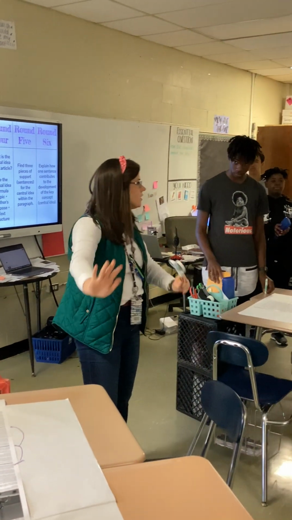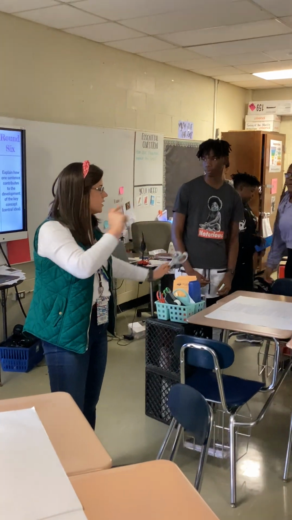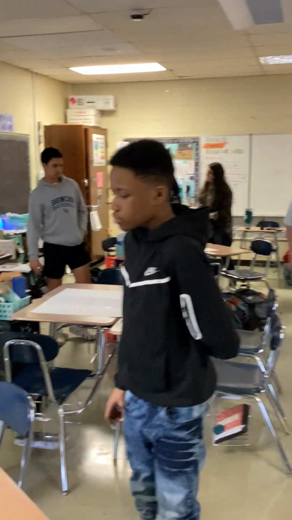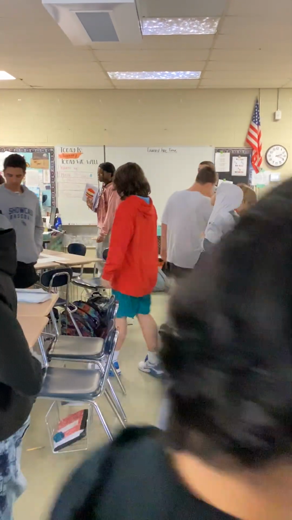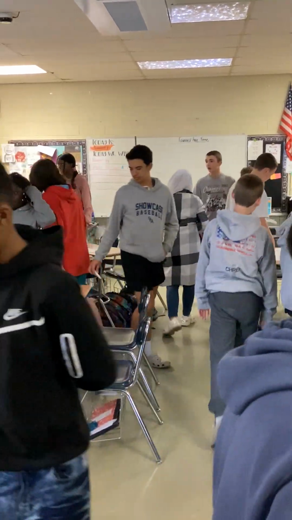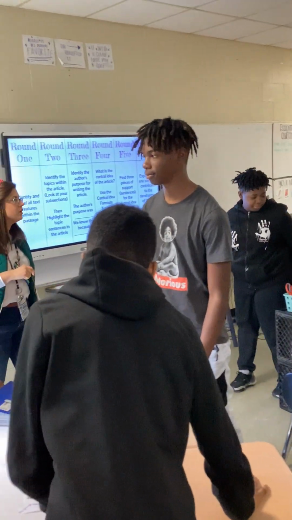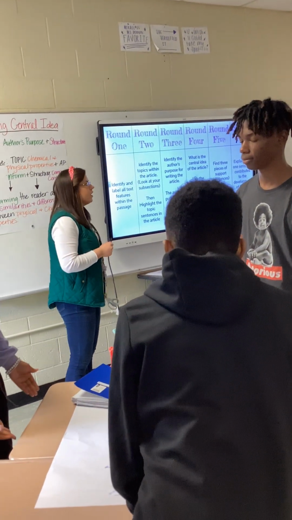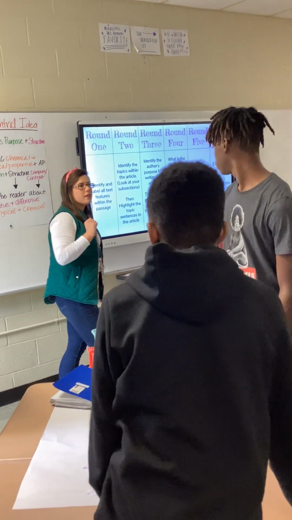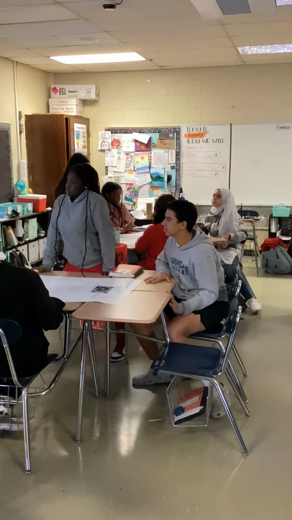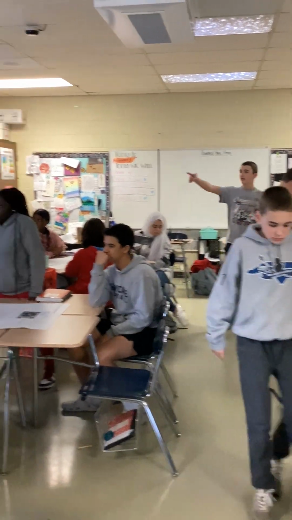We're just rotating in a circle. Everybody got it? 10 seconds. 10, 9, 8, 7, 6, 5, lock it in, 4, 3, 2, and 1, and 0. All right, you should be at your new group. Eyes on me in 3, 2, 1.